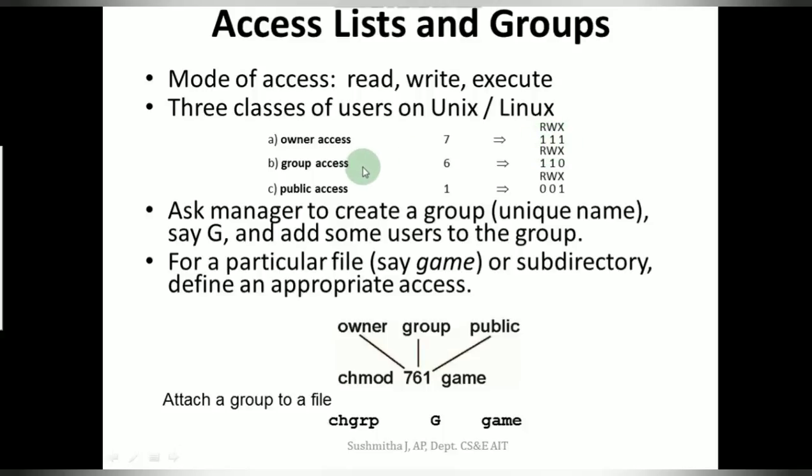You can see here for the group access, I am disabling execute. It has only read and write. For the public, I am disabling read and write and enabling execute.